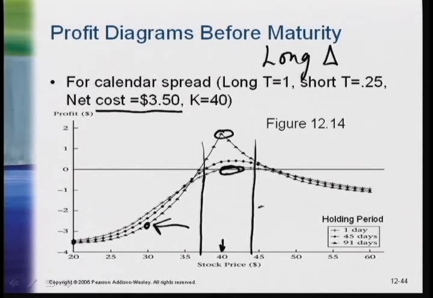Let's now look at the case where stock prices go up. Initially, since the investor is long delta, we just expect profits. We should be getting, intuitively, theta profits plus delta profits.